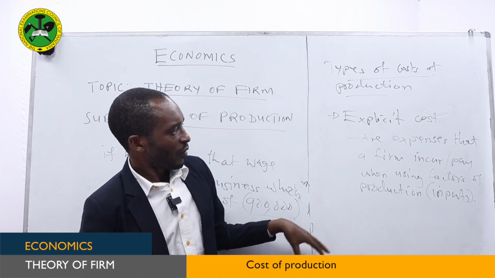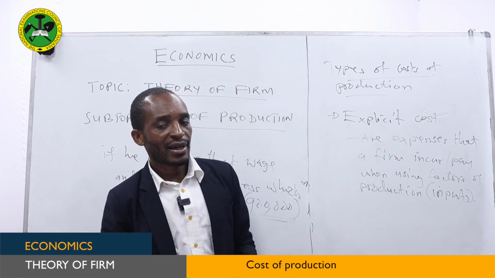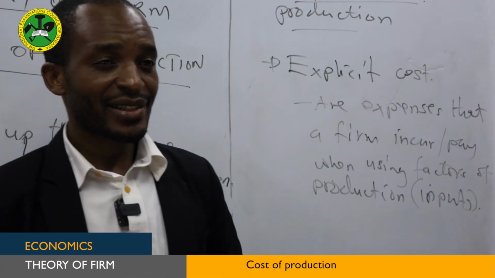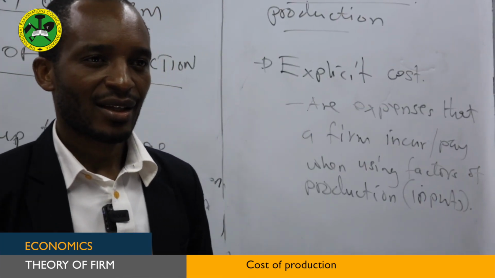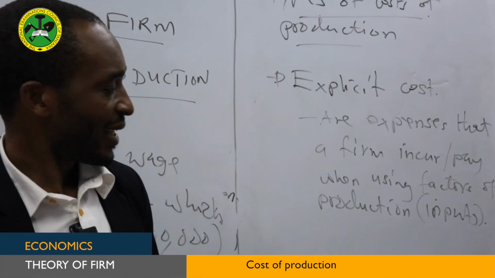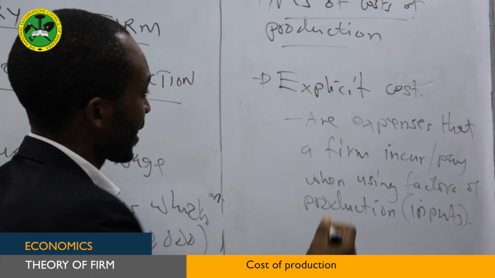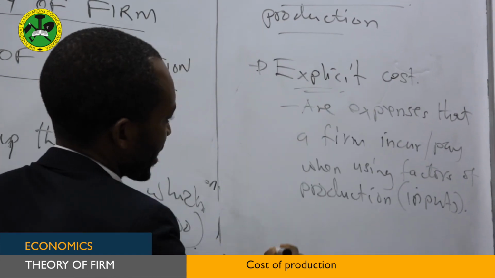So when a firm or a businessman pays bills or wages or water bills and whatever, the actual money that a firm pays we call an explicit cost.